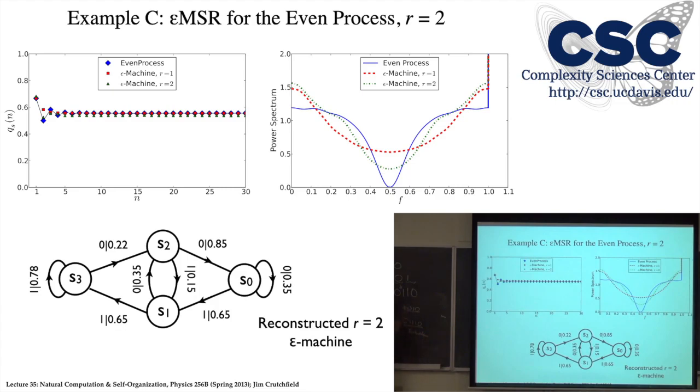This sequence is not forbidden in our reconstructed epsilon machine, and it is in the original process. So it's certainly progress, and certainly a good college try, but we are missing some stuff. So, questions?